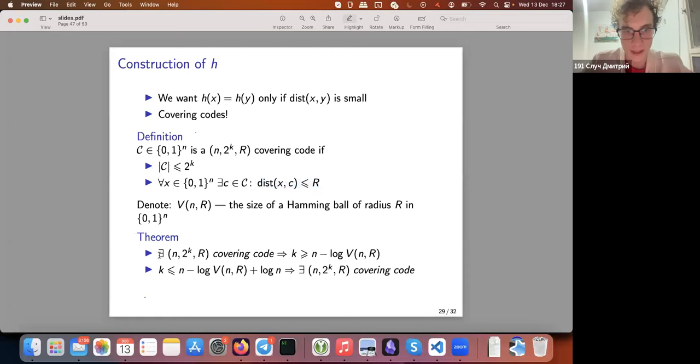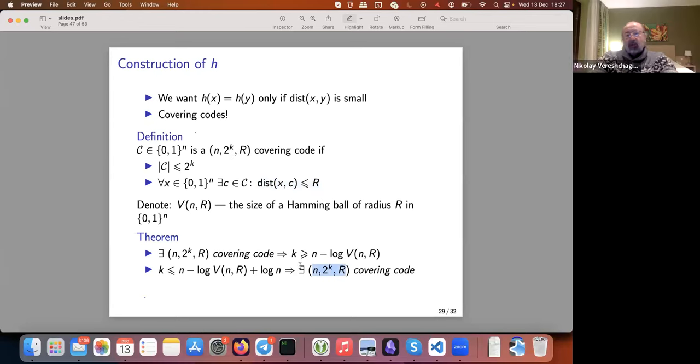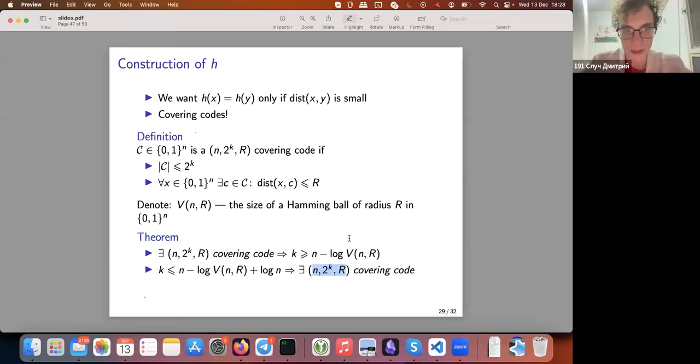And there exist some bounds on the values of K and R that allow us to build the code with such parameters, say, optimal covering codes. And how do we define H then?